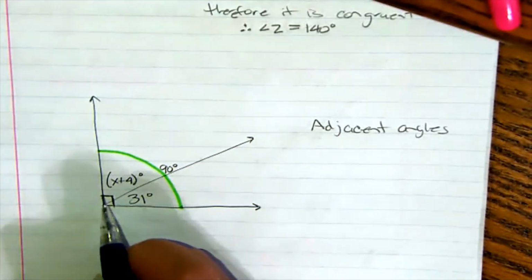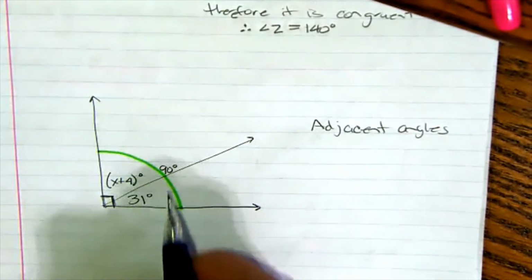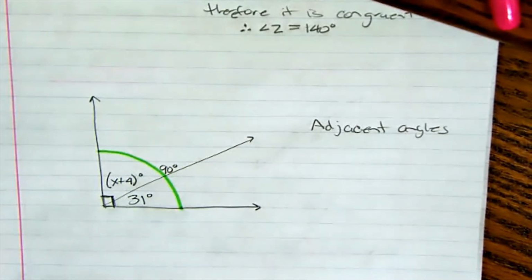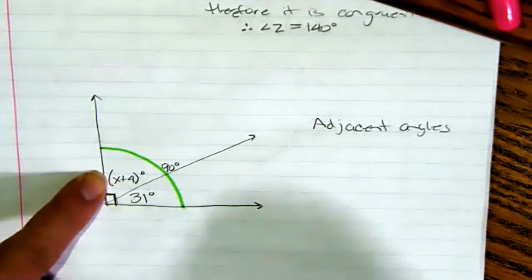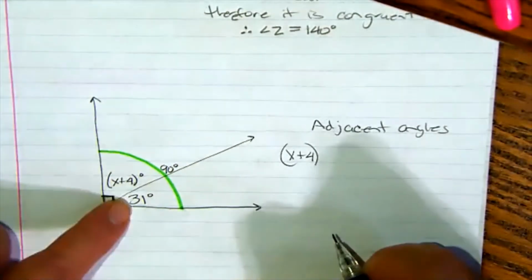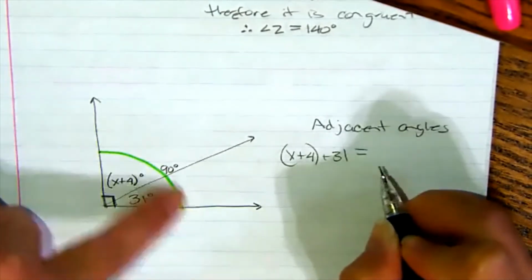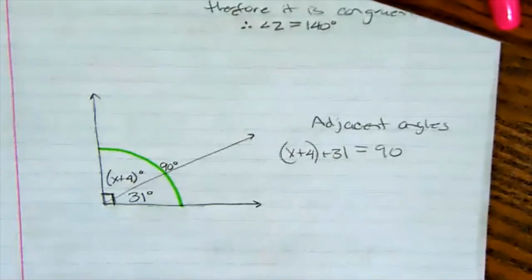It's a corner. So that means X plus 4 plus 31 is equal to 90 degrees.